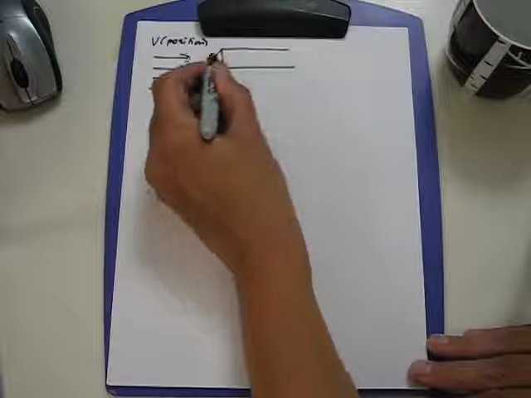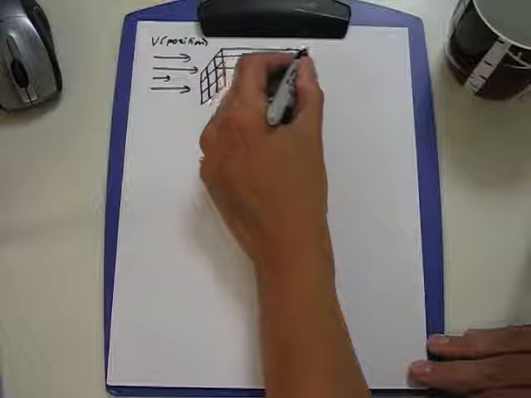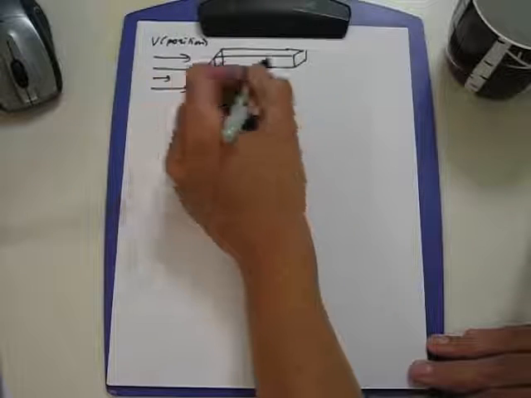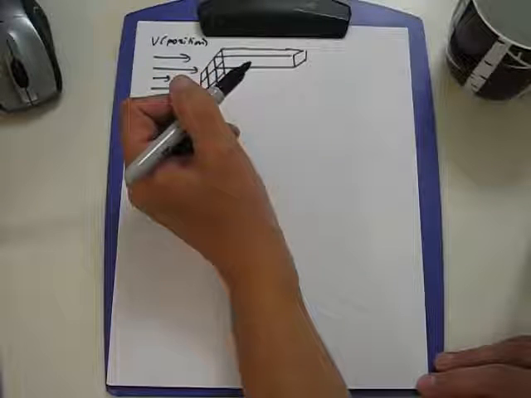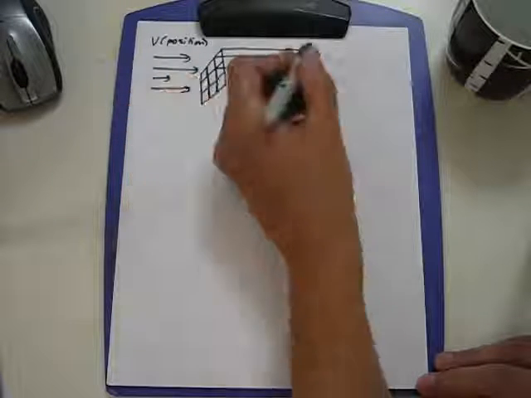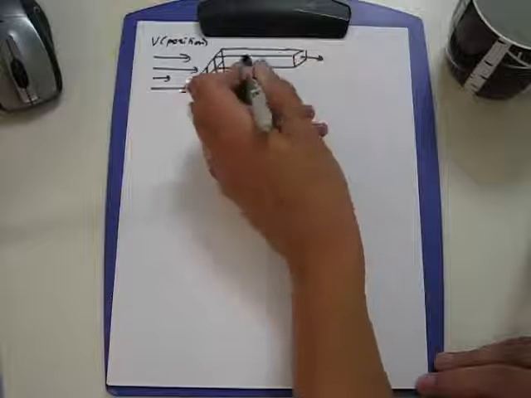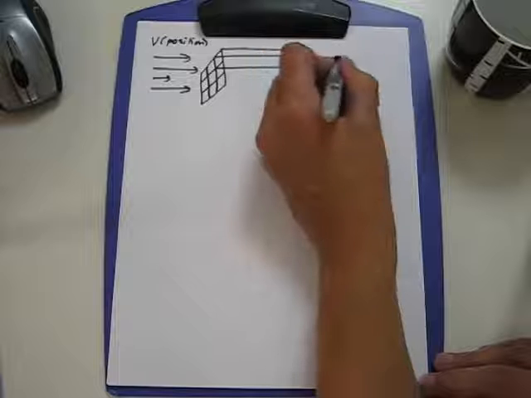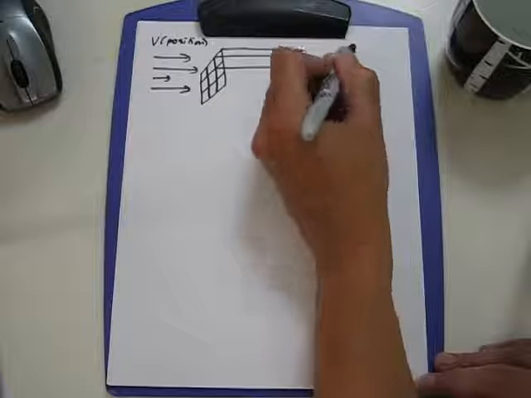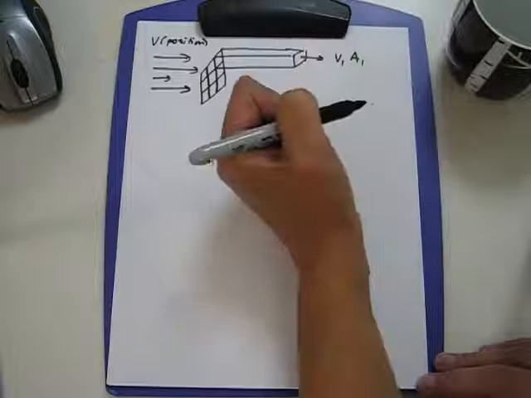So if I use that same logic and say that in some amount of time I will have created this rectangular parallelepiped of fluid, I know I can calculate the volumetric flow rate due to this location as the velocity at that location times the cross-sectional area.